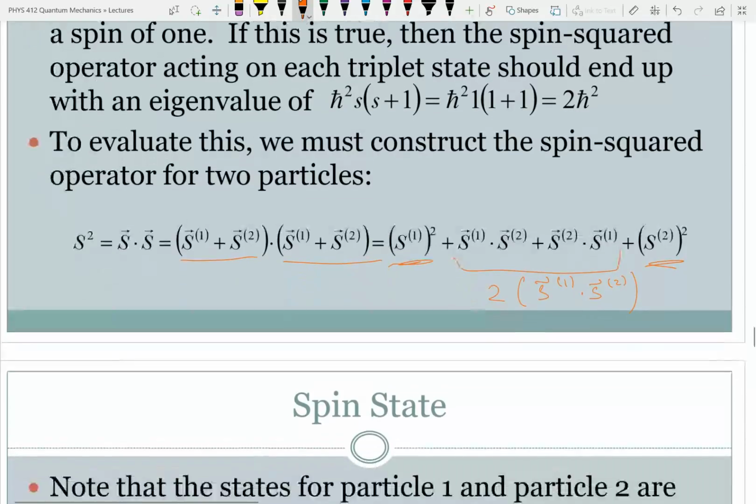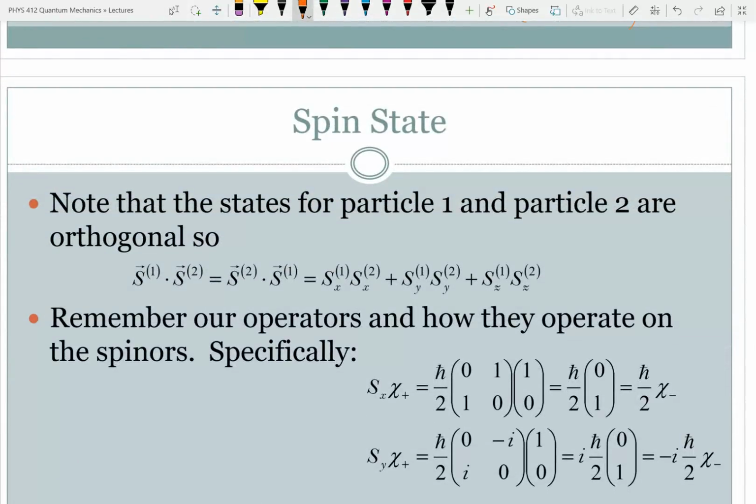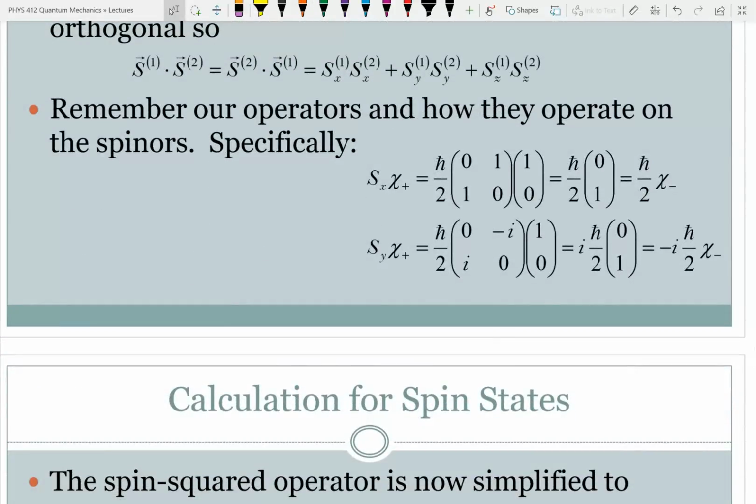So I need to do that. How do I calculate the S1, S2 dot product? Well, that's going to be S1x, S2x, plus S1y, S2y, plus S1z, S2z.